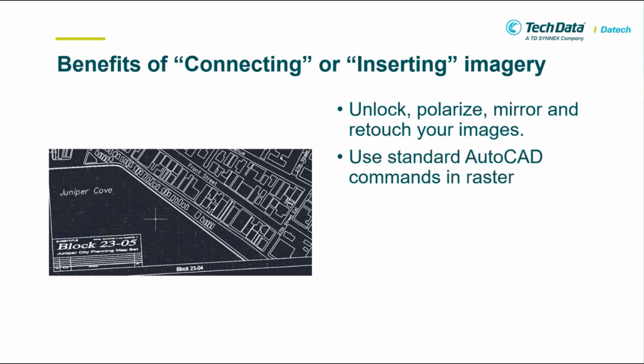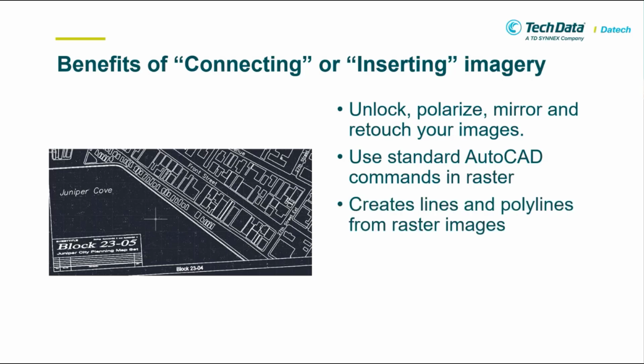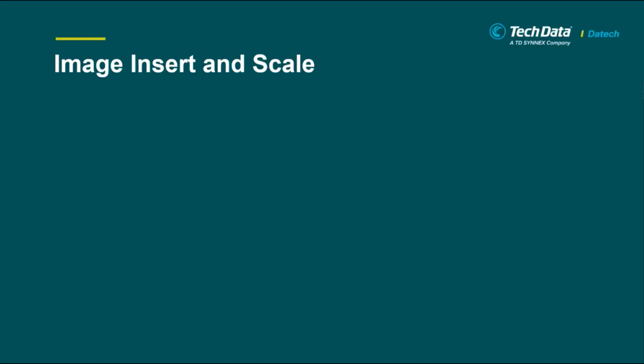You will be able to create lines and polylines from the raster images and convert them in a raster to vector conversion process. This is somewhat more important, where the vector shapes are converted very much faster and more accurately for your designing process.